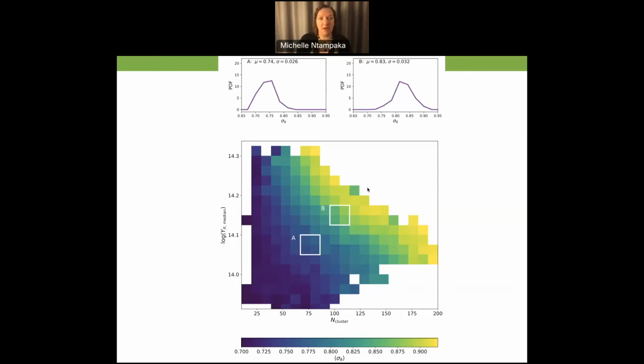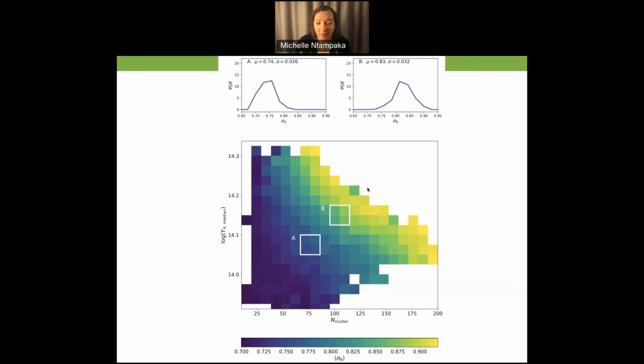And then you can go to the pop-out box at the top. You can see that in box A, our distribution of sigma 8s centers around 0.74 with a scatter of about 0.03. For box B, we have the same scatter, but we have a very different median sigma 8.